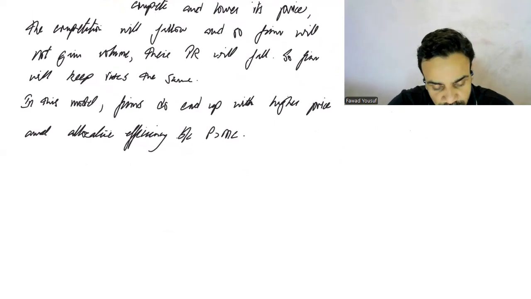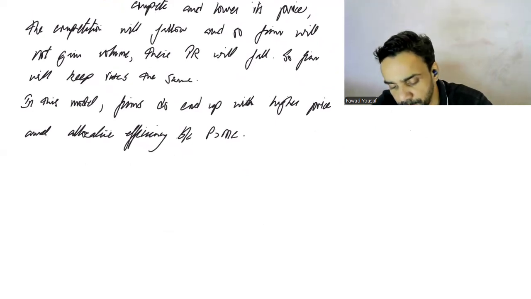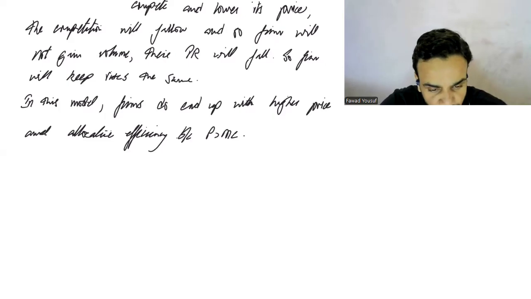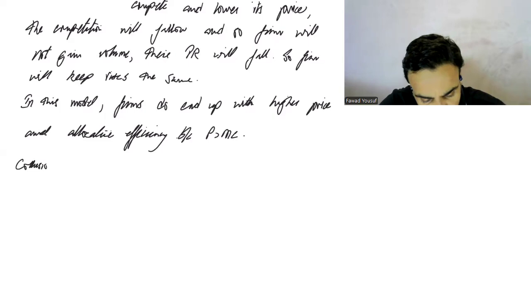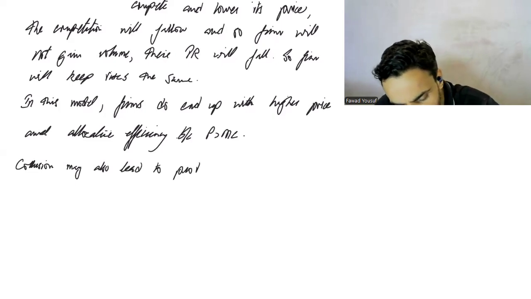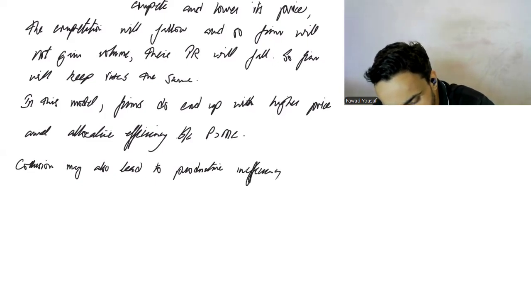So what I want to do is bring that in also and have a little explanation of that, कि अच्छा इसमें भी क्या होता है कि collusion के अंदर may also lead to productive inefficiency.